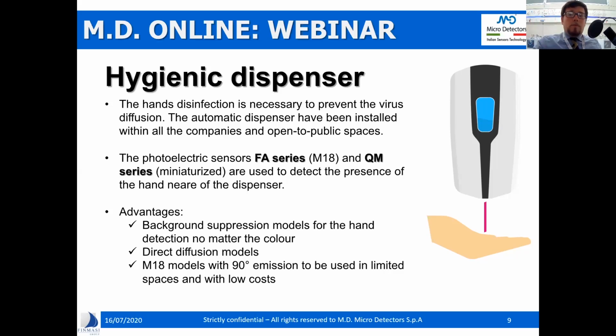Another point to be underlined about these photoelectric sensors is the presence of M18 models with 90 degrees emission. This is a crucial point because in this way we can install these sensors in limited spaces, and of course have a lot of savings as a consequence.